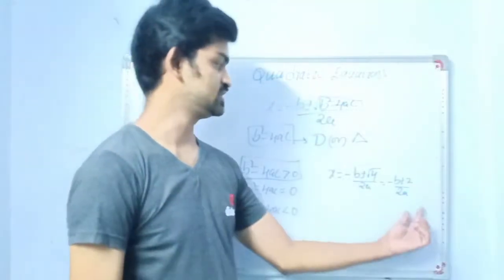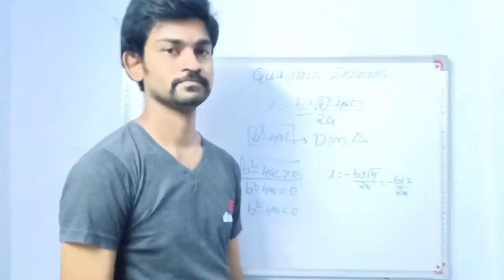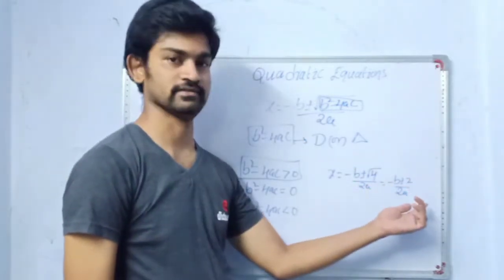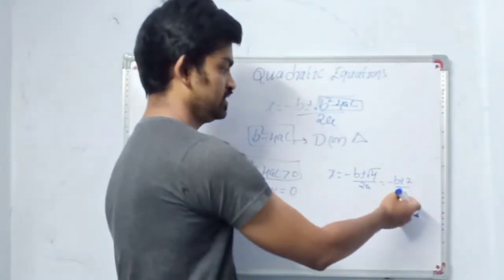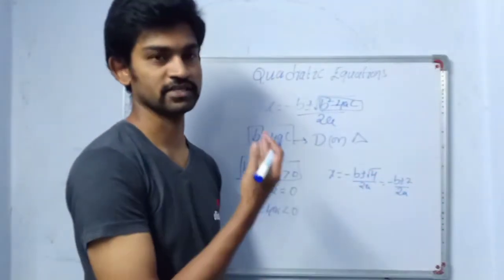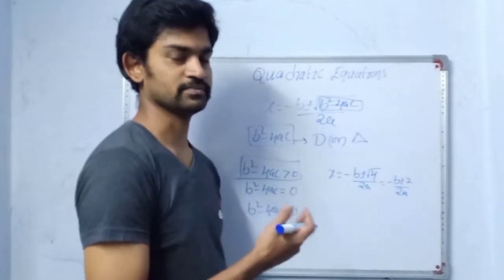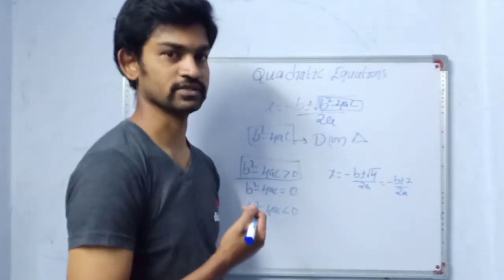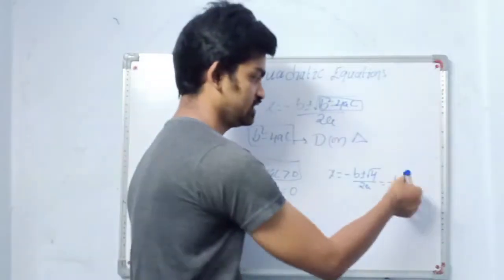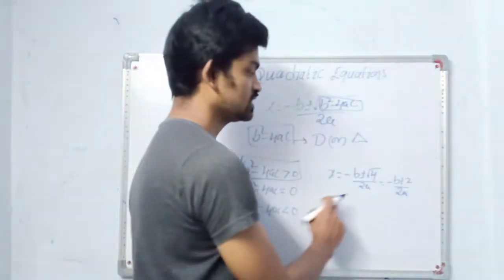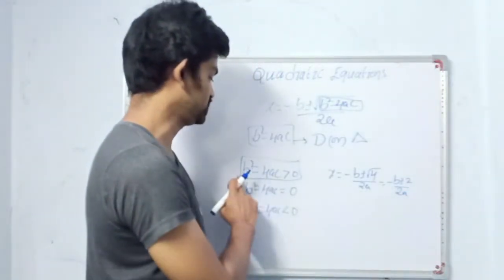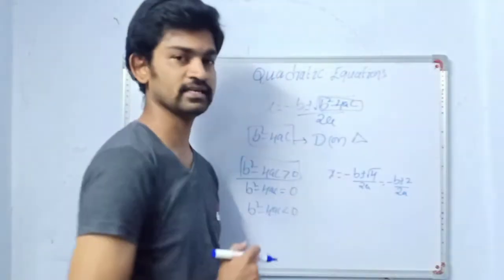See, this is a real number. x is real here, because a and b are real numbers. We already discussed in standard form, ax square plus bx plus c equals 0, a not equal to 0, and a, b, c are real numbers. So roots are real when b square minus 4ac is greater than 0.